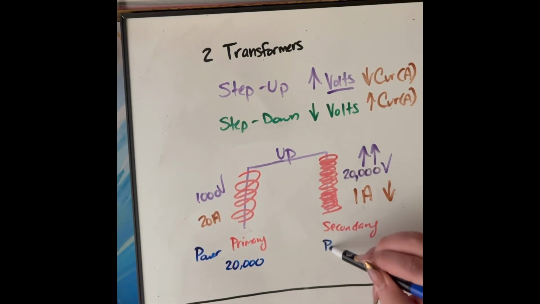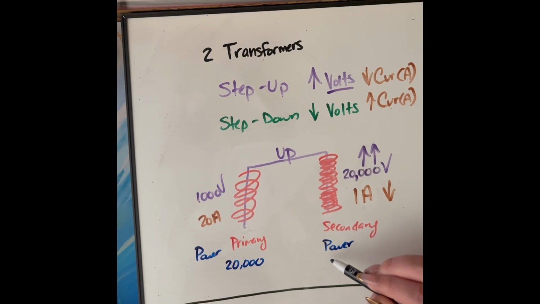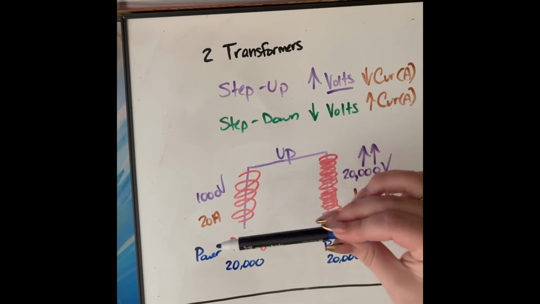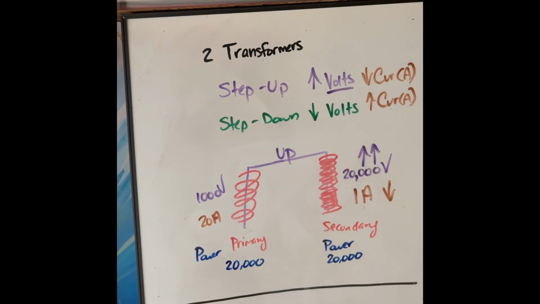The power does not change. So this would be 20,000 on this side. The combination, again, of voltage and current is still 20,000. The combination of voltage and current over here is 20,000.